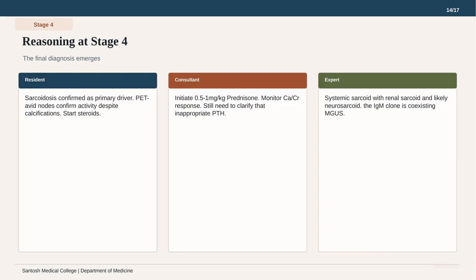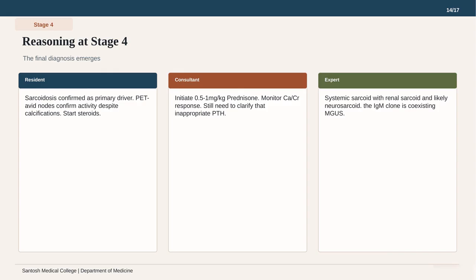They do note that the inappropriate parathyroid hormone still needs eventual clarification. The expert ties it all together on the right, diagnosing systemic sarcoidosis with renal involvement and highly likely neurosarcoidosis causing the choreiform movements. They confidently label the IgM clone as a coexisting, distracting condition.